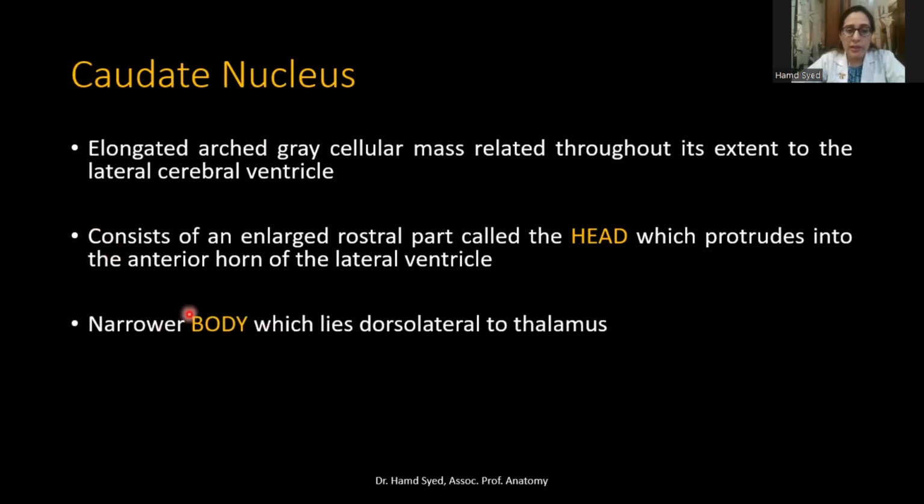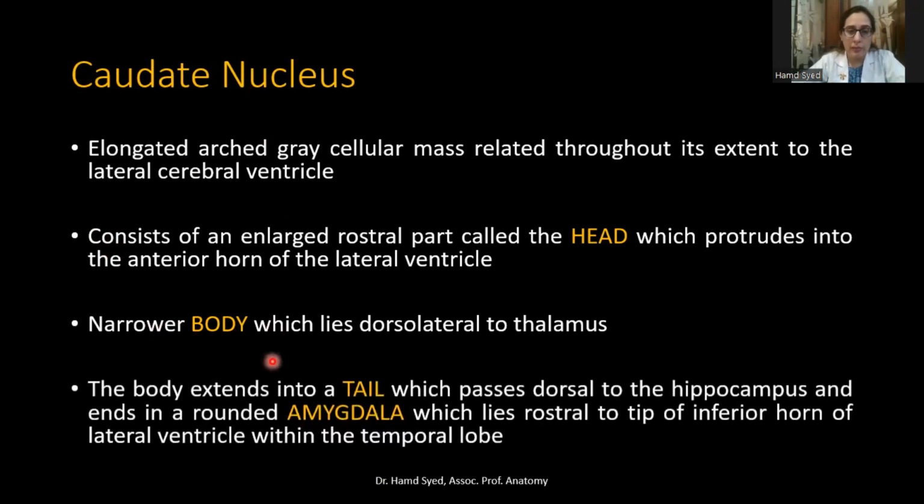Whereas the body is narrow and it lies dorsolateral to the thalamus. The body posteriorly extends into a tail which passes dorsal to the hippocampus and ends in a rounded amygdala which lies rostral to the tip of the inferior horn of the lateral ventricle within the temporal lobe.